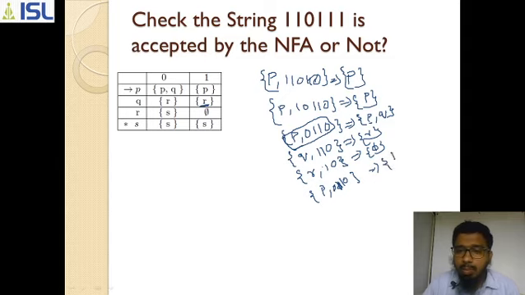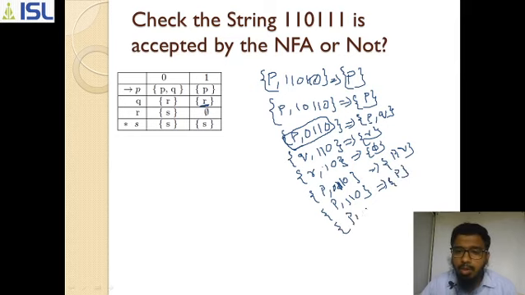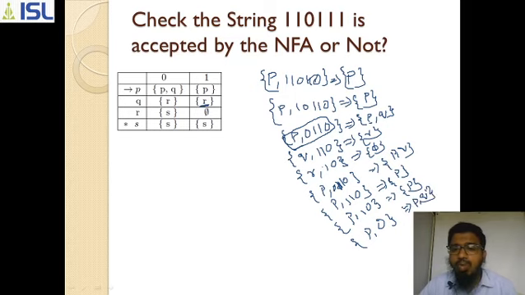P0 is p comma q, then p comma 110. What is p comma 1? It is p. We get p, comma 10 is also p, then p comma 0 is p comma q. So what we are getting is not a final state, so this string is not accepted.